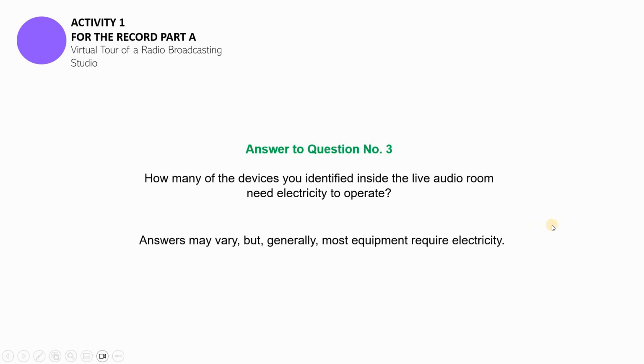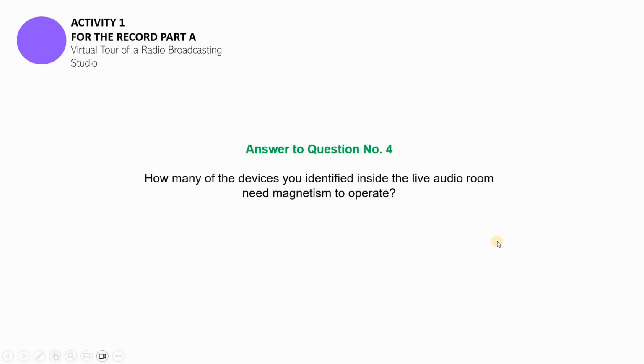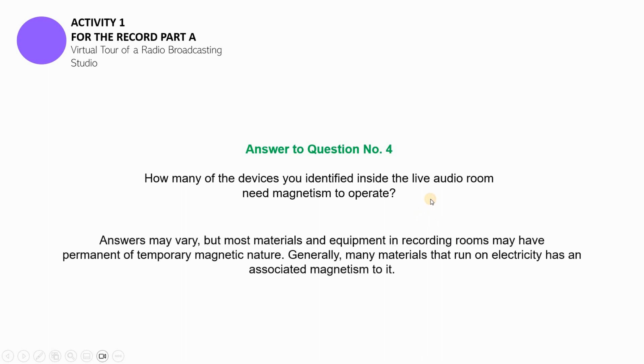For the next question number 4, how many of the devices you identified inside the live audio room need magnetism to operate? The correct answer again may actually vary, and just like the answer to the preceding questions, generally many materials that run on electricity also have an associated magnetism to it.